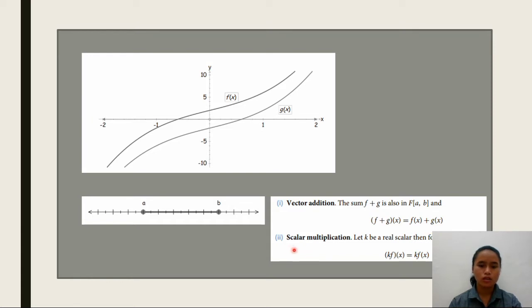Scalar multiplication: let k be a real scalar, then for all x in [a,b], (kf)(x) equals k times f(x).